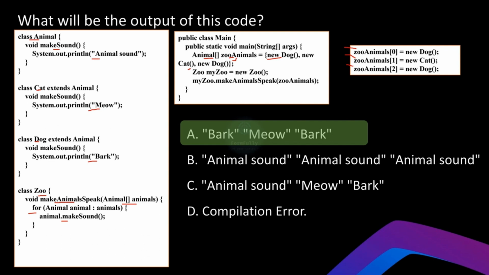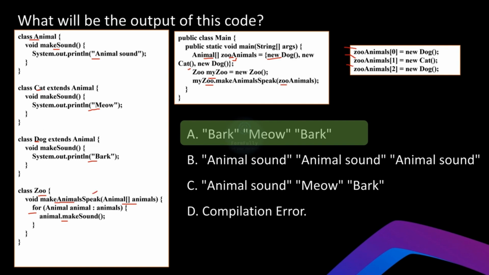An instance of the Zoo class is created with Zoo myZoo = new Zoo(). The myZoo.makeAnimalSpeak(zooAnimal) line calls the makeAnimalSpeak method in the Zoo class and passes the zooAnimal array as an argument.